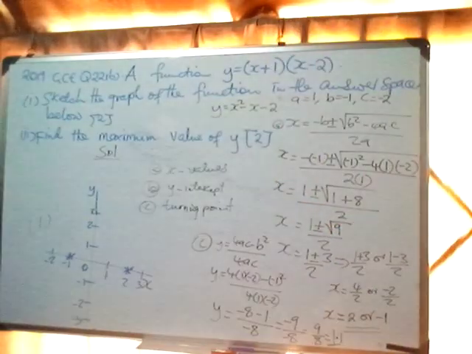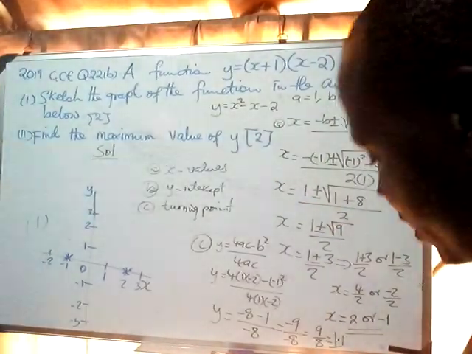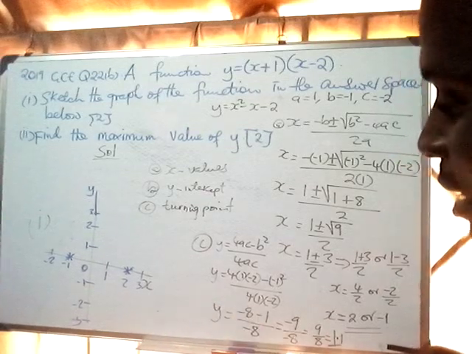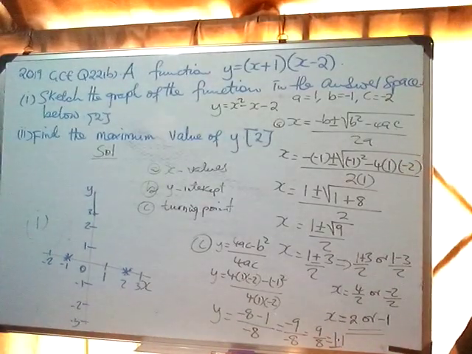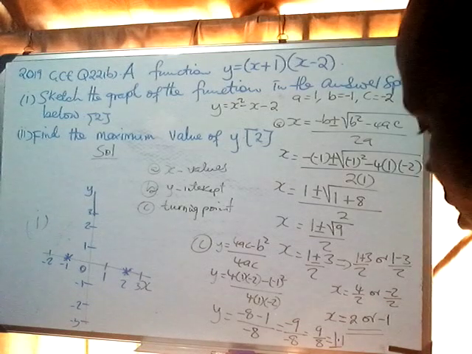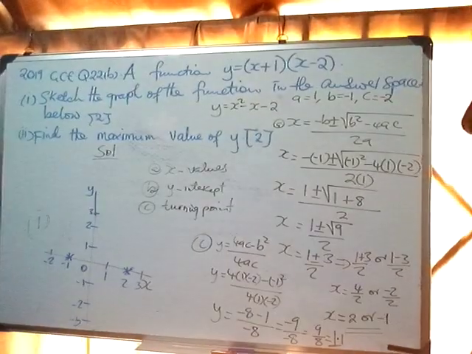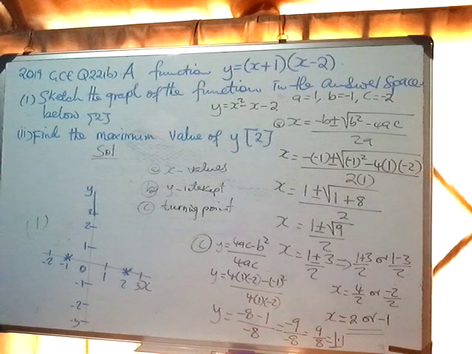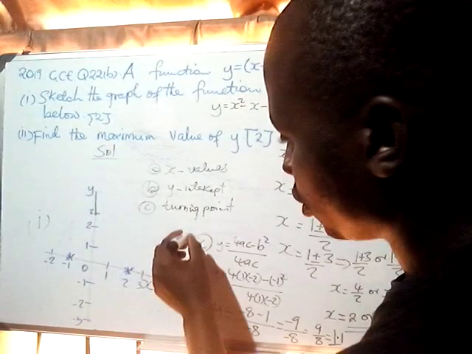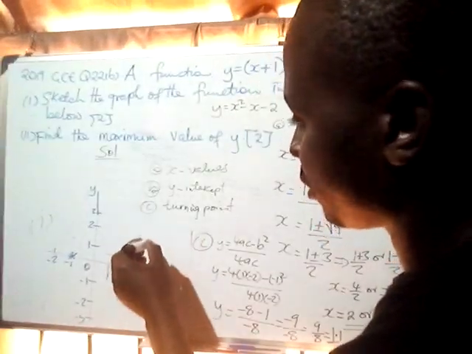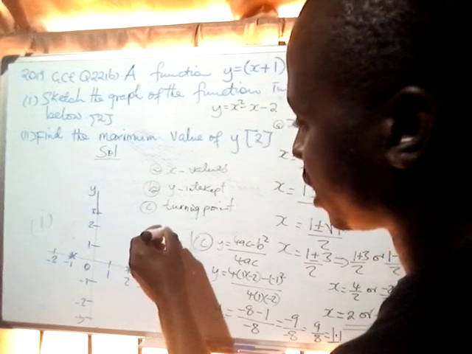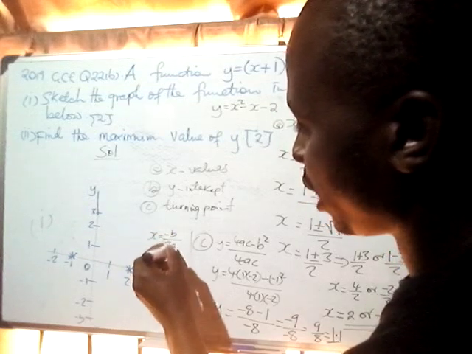So this is what we have. Now, the point at this is not the y-intercept, but the value of y at the turning point. So where is y? It is 1.1. Now, what is the value of x? To find the value of x, we are going to say x is equal to -b over 2a.